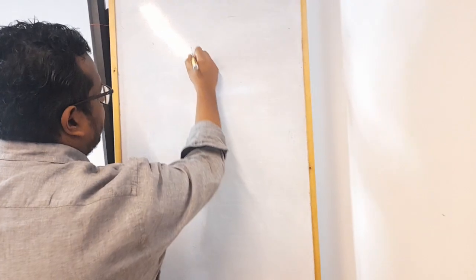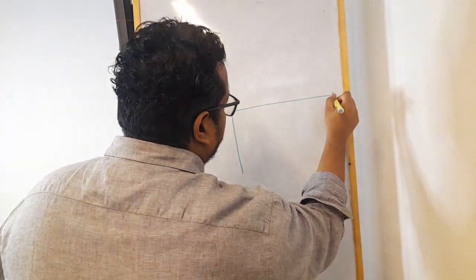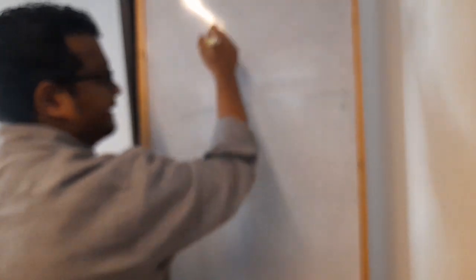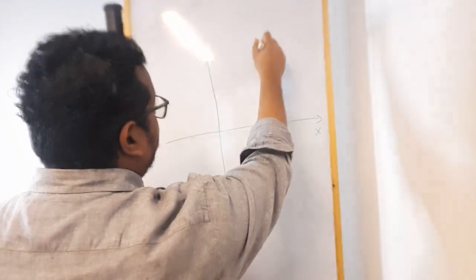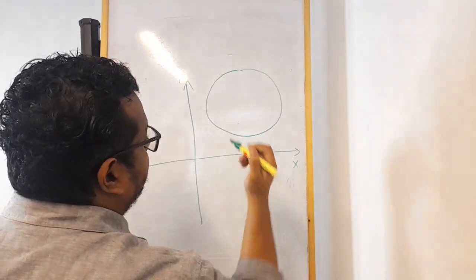That is, if you have a curve and this is the x-axis, this is the y-axis, and you have a circle here. Okay, excuse my circle.